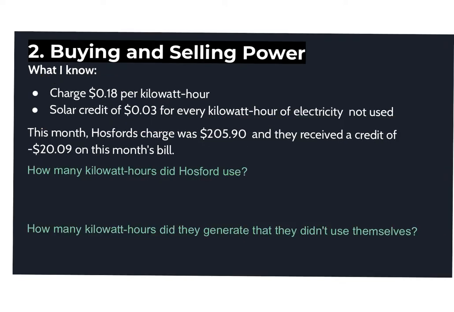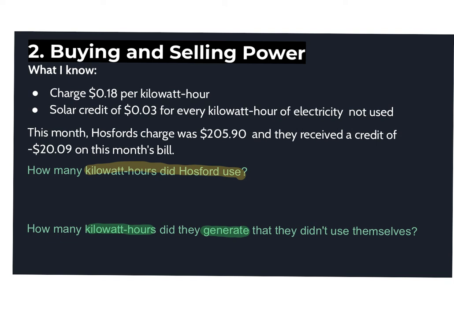So now with this same scenario, we have the same charge and the same credit. We're being asked to find out how many kilowatt hours Hosford used, and also how many kilowatt hours Hosford generated but did not use themselves. So I'm going to just color code these.